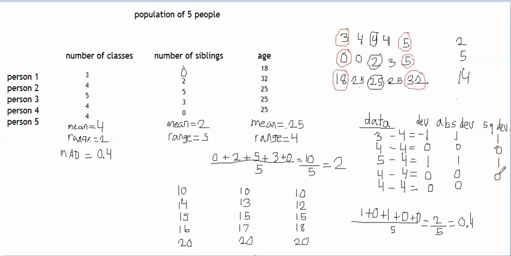And 0 times 0 is 0. It's not always going to come out this nicely. The squared deviations usually won't be all the same as the absolute deviations.